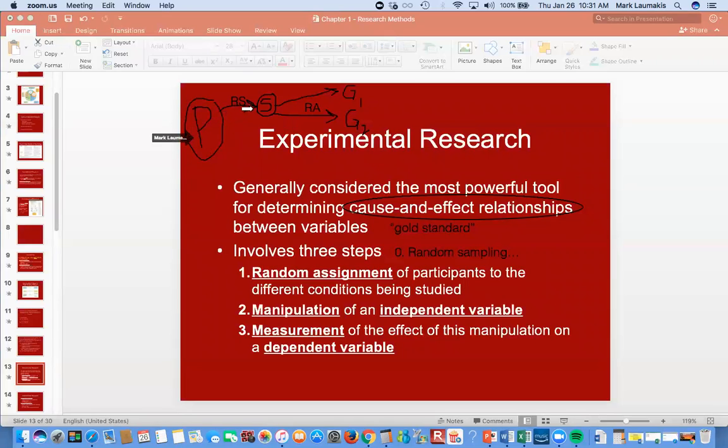I randomly sample 80 of you in. That's to make my sample be similar to my population. So the way I think about random sampling is it's trying to make your sample be congruent with or similar to your population.